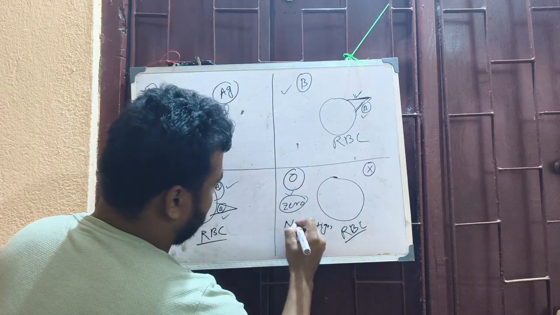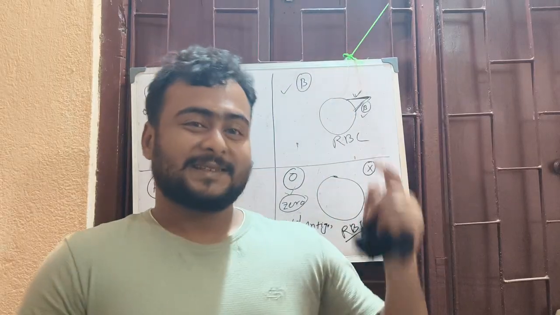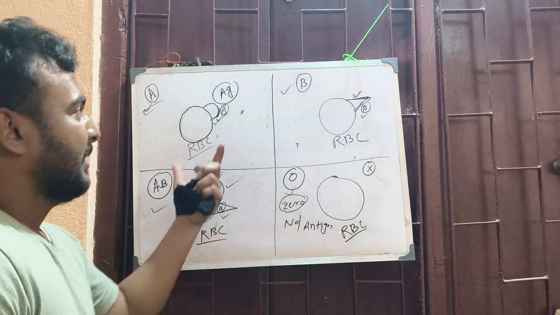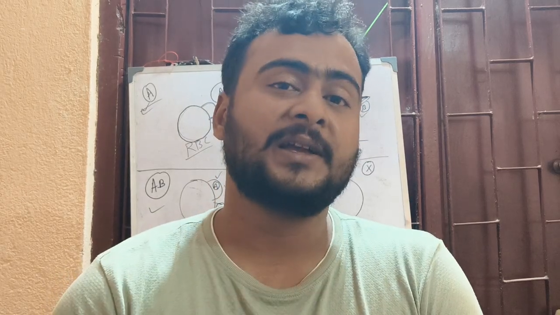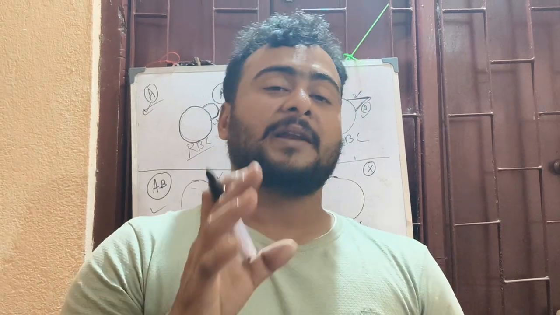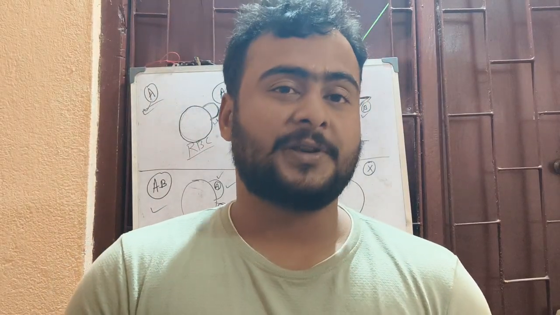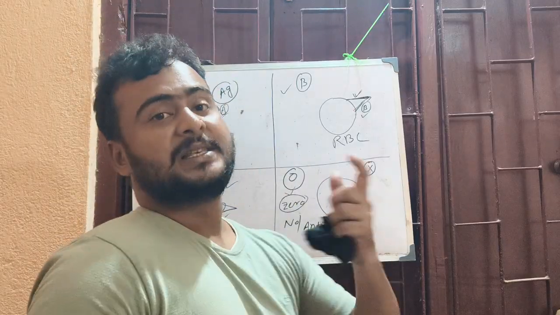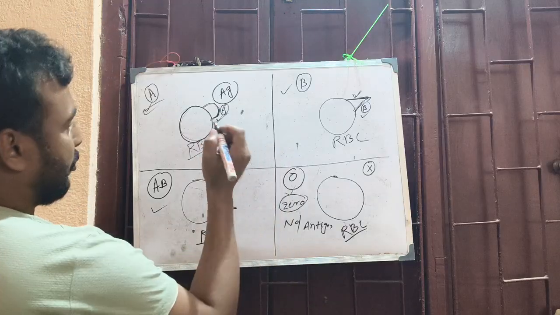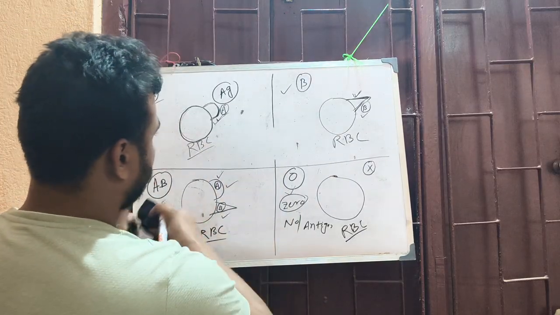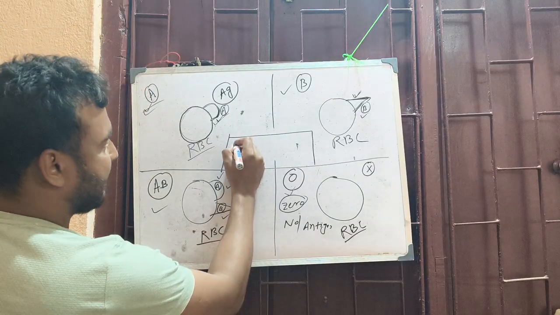No antigen. But the interesting part is that in this case, one thing differs: the kind of antibody present in the plasma. And I will tell you an immunology theory: based on it, we can't have a similar kind of antigen and antibody. Suppose you have X kind of antigen.